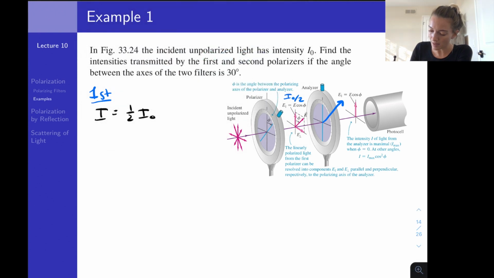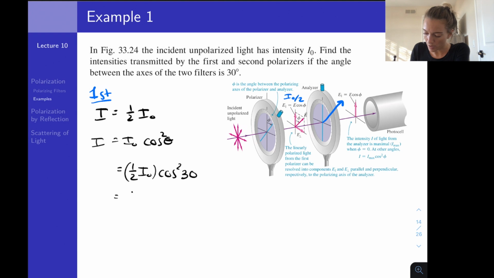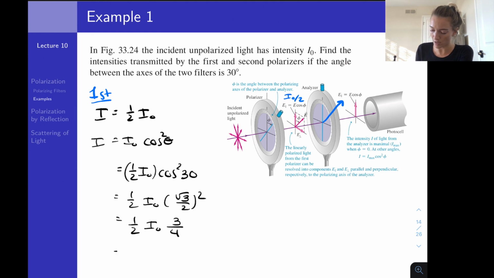So for our second filter, we have I equals I naught cosine squared theta, but the I naught here is this 1/2 I naught, because that's the intensity of the light about to hit the second filter, and then cosine squared of 30. So we have 1/2 I naught, and cosine of 30 is square root 3 over 2, squared. So we get 1/2 I naught times 3 over 4, which gives us 3/8 I naught.